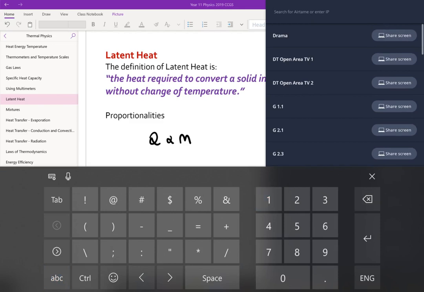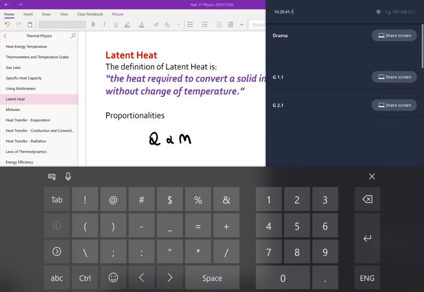Alright, what was it? 10.20.41. Was it 41.1?